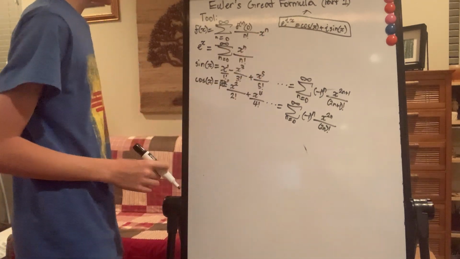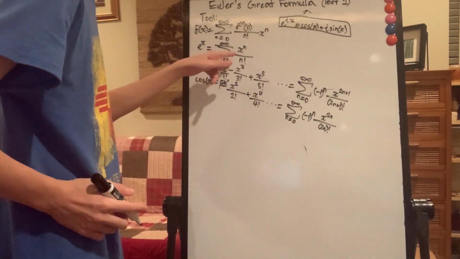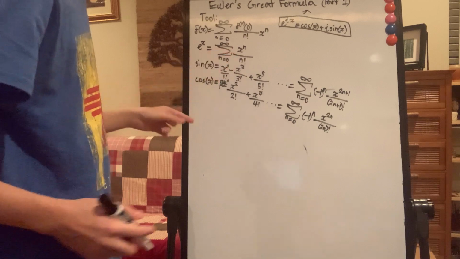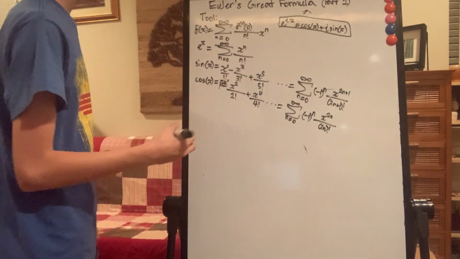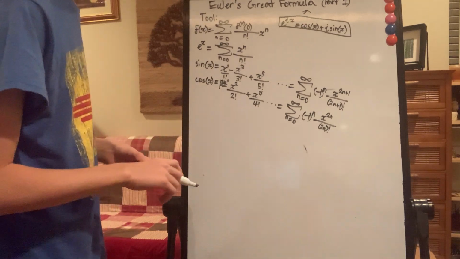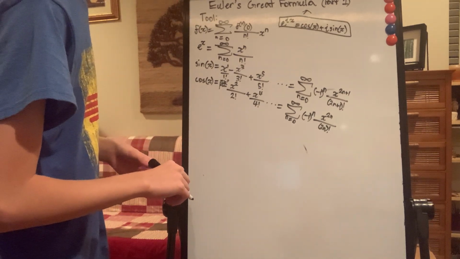Let's start off with the radius of convergence of this one. Let's see when this converges using the ratio test. I'm going to lift the board up to give myself some extra room.